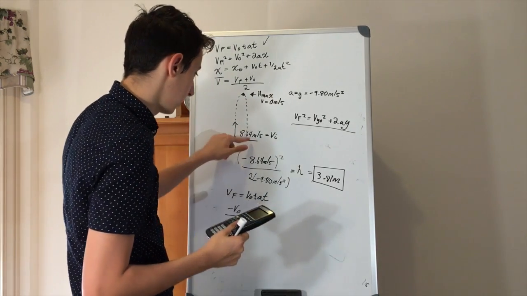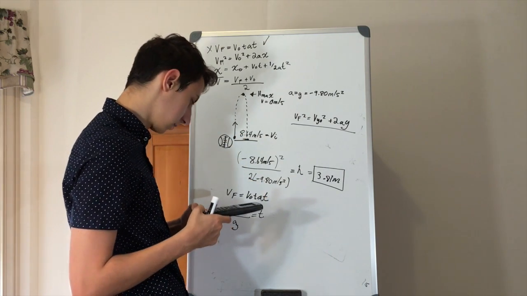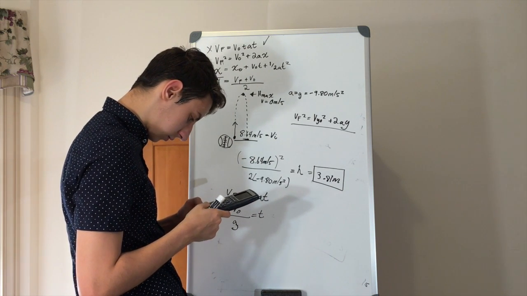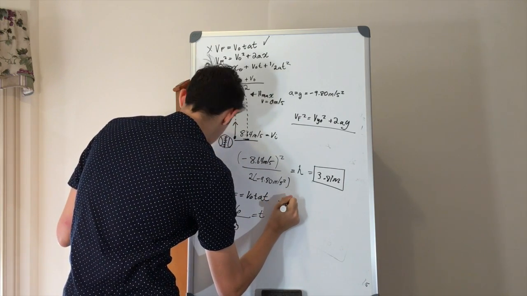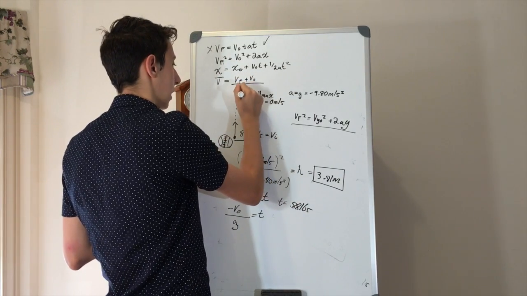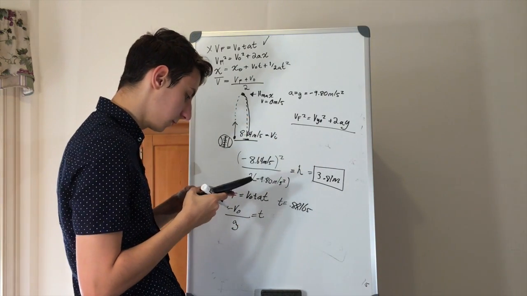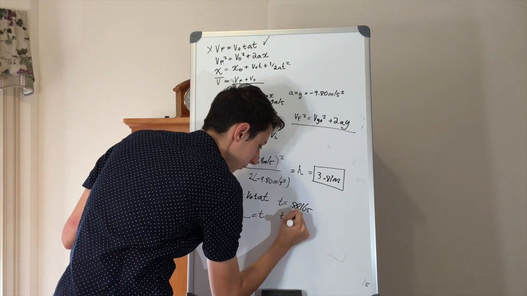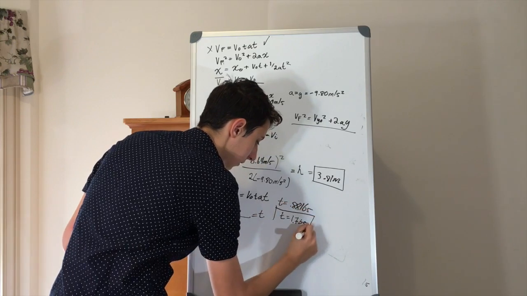So we just divide negative 8.64 by negative 9.80, and we get time as being 0.8816 seconds. But that's to the top of the parabola. We want to find it to the bottom of the parabola, so we multiply that number by 2. You get 1.76 seconds. And there we have it.